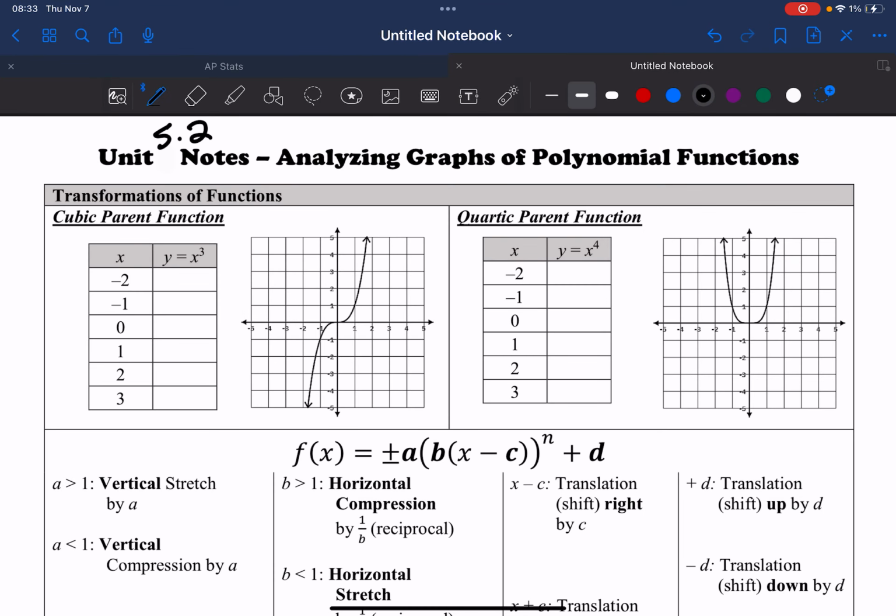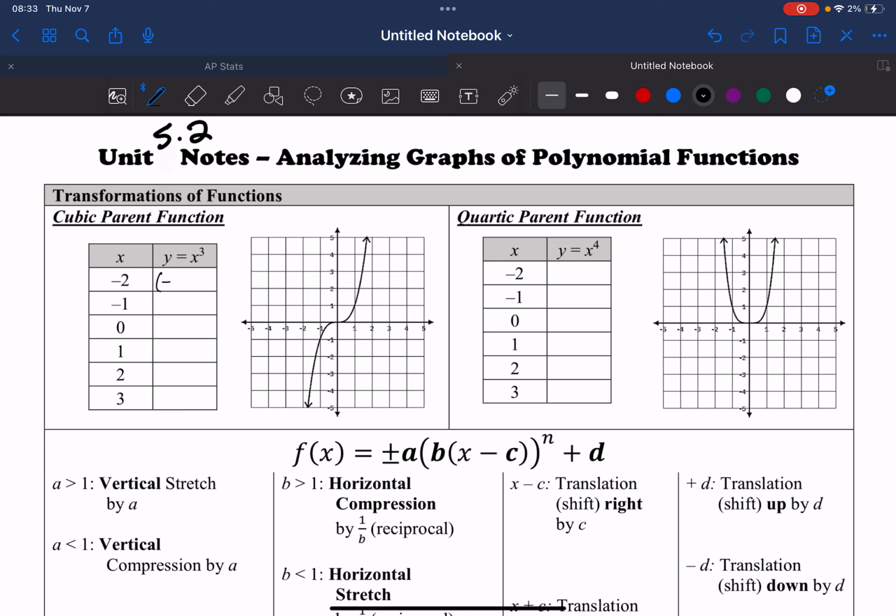Unit 5.2 notes, analyzing graphs of polynomial functions. So first we're going to look at the parent function of a cubic and the function x to the fourth. For the parent function of a cubic, we are going to take these x values and we are going to cube them.